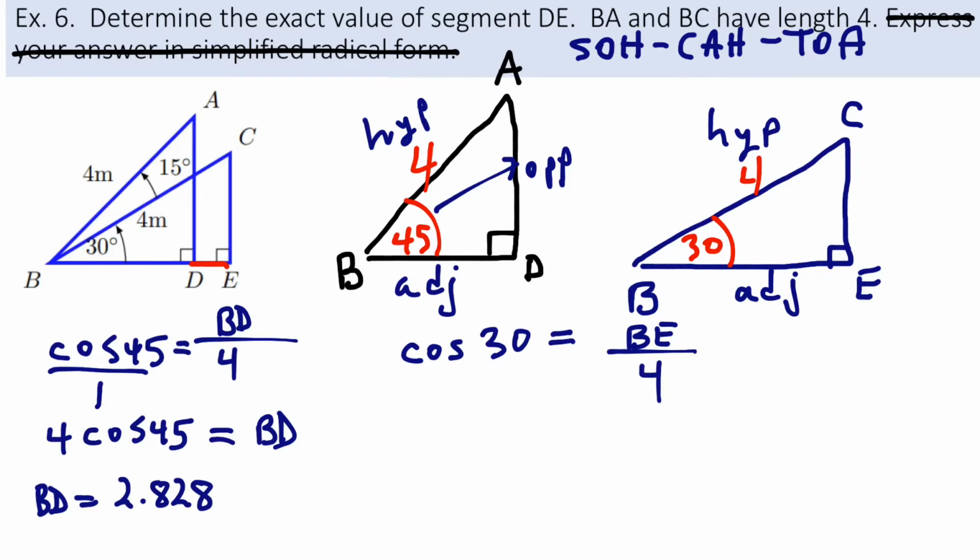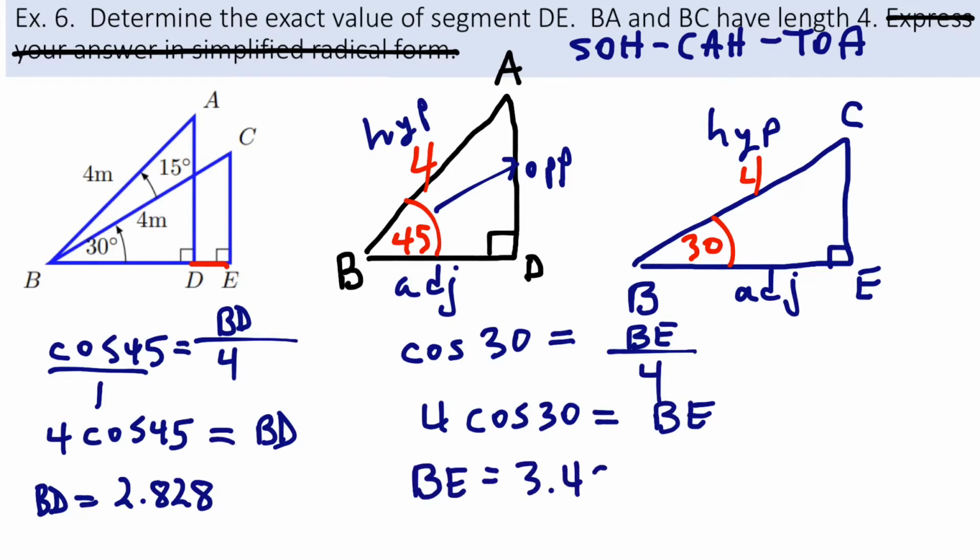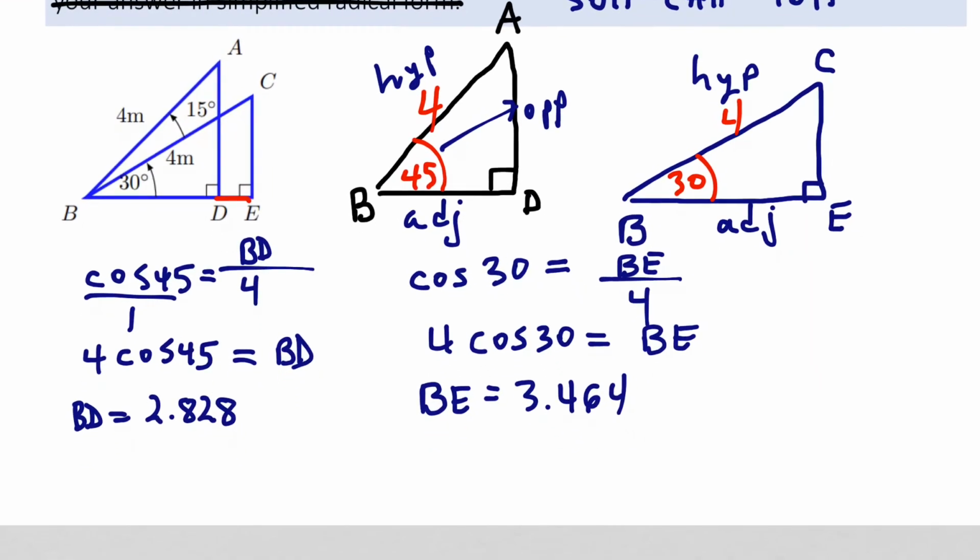All right, so again, I'm going to do my cross multiplication. So 4 cosine 30 is equal to BE. So I'd want to punch in 4 cosine 30, and I'll get that BE is equal to 3.464.